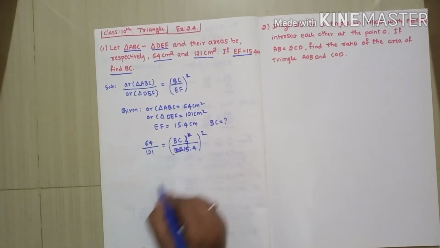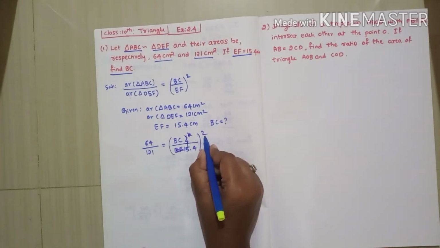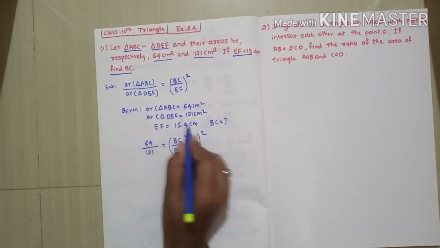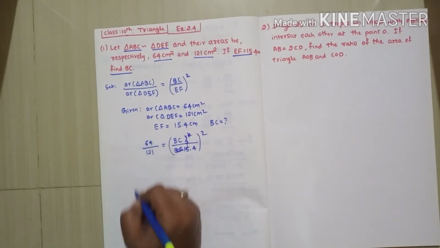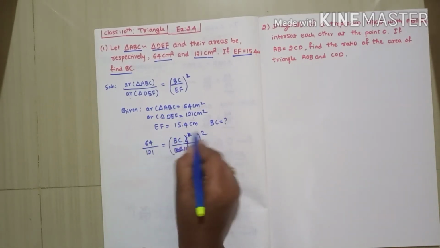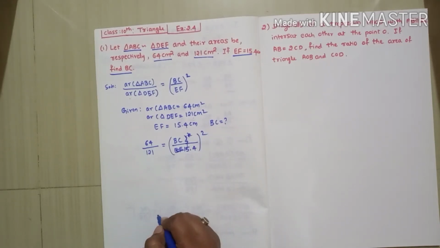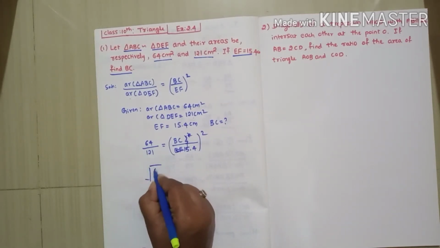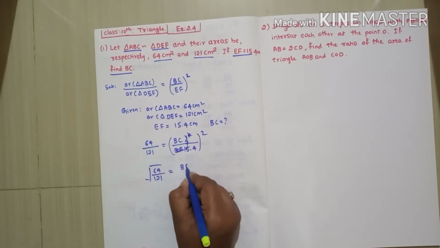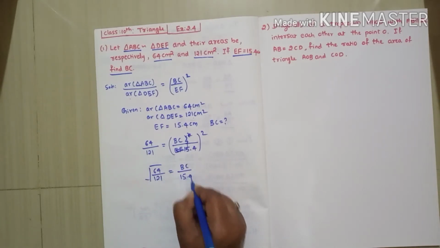Now, to remove this square, we have to put the square root on both sides. Square and square root get cancelled. So this becomes 64 divided by 121 is equal to BC divided by 15.4.